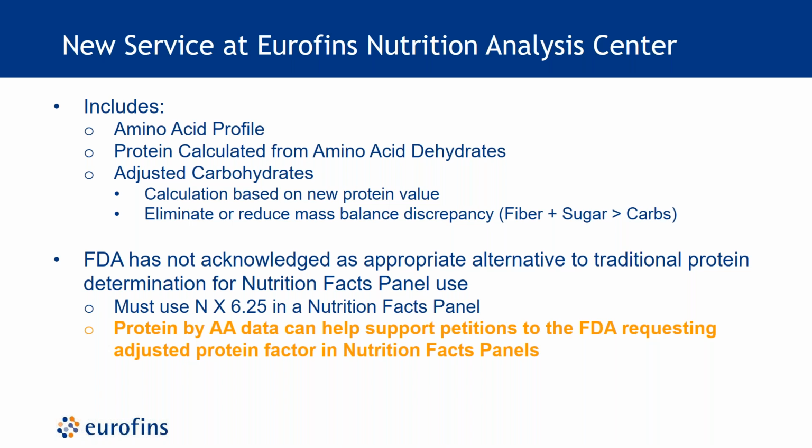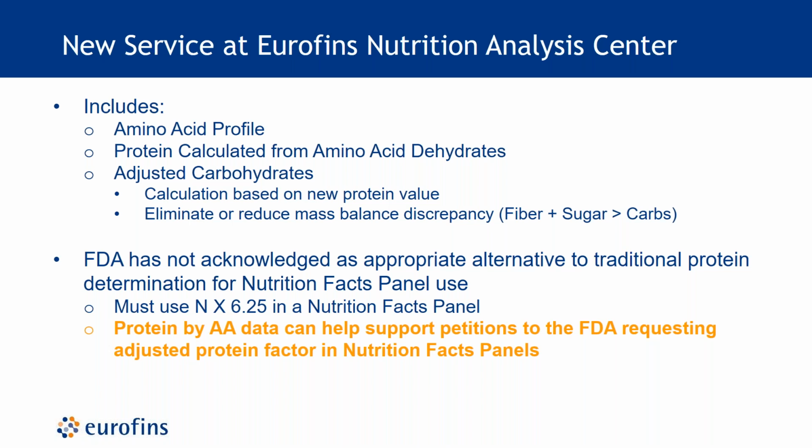When you order this alongside your routine proximate values, so your fat, moisture, ash, and the traditional protein by nitrogen combustion, we will also calculate an adjusted carbohydrates value.